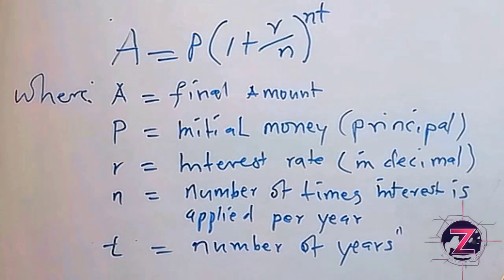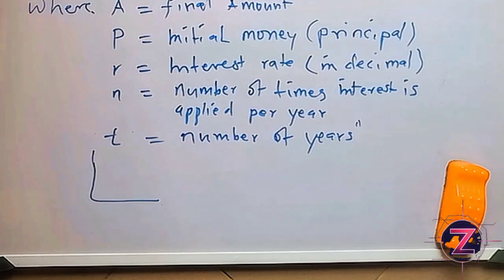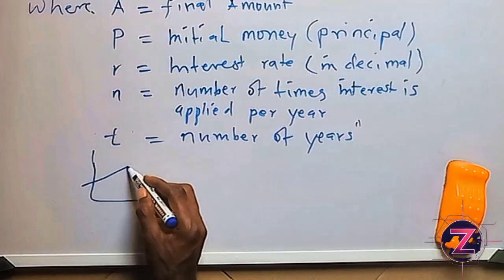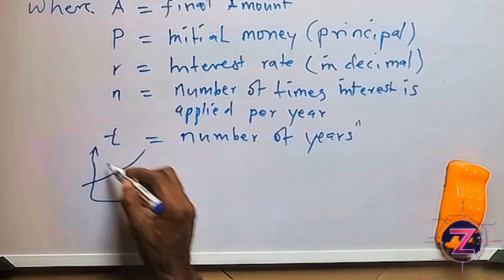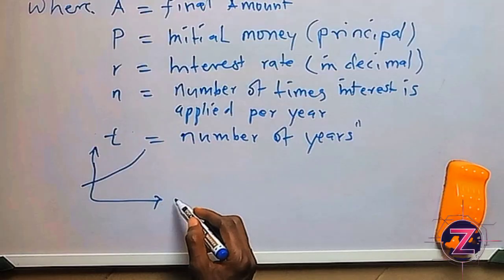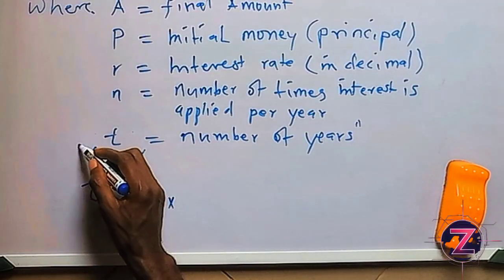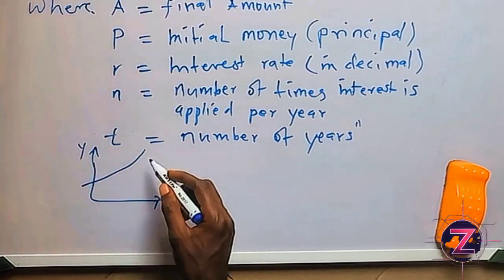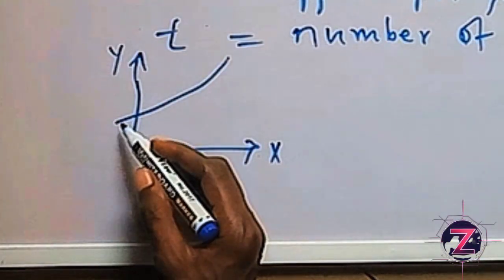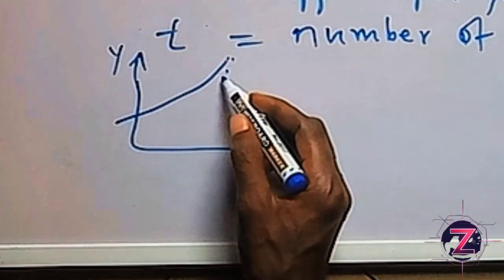So in compound interest, you have a graph that goes this way up. Take this to be your x-axis, this is your y-axis. You have a curve that goes in this manner.